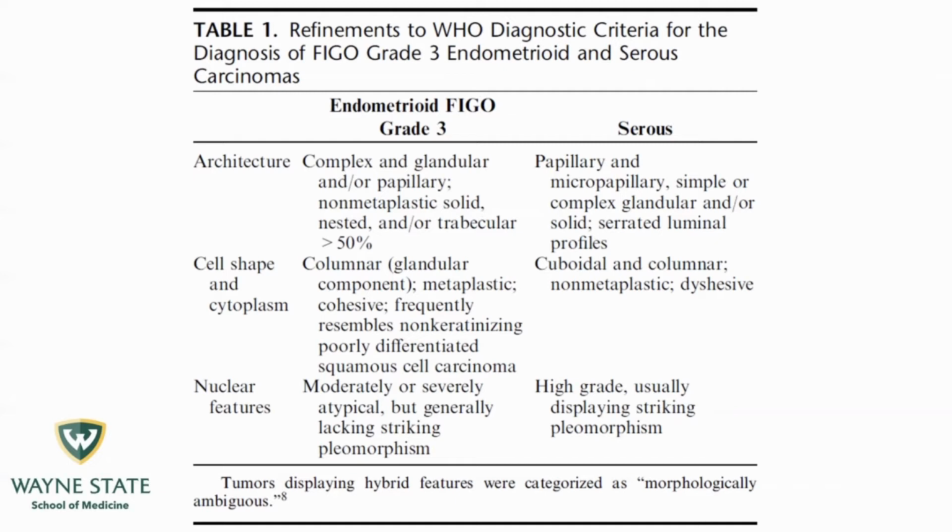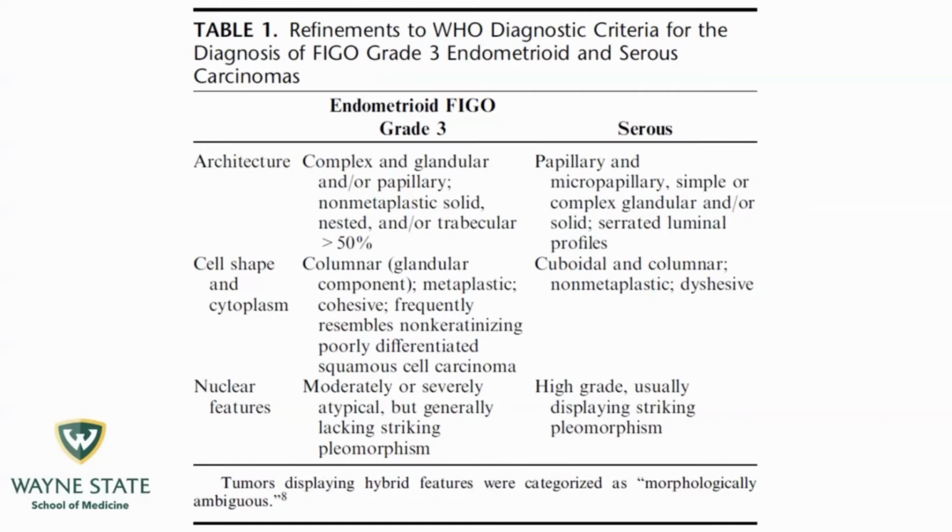The magic word in all of this, I want to emphasize, is that cells in serous carcinoma are discohesive, and they are more cuboidal than columnar. I know it's a soft finding, but believe me, it helped me a lot. The FIGO grade 3 endometrioid cells are more cohesive, they form more sheets, and they are connected together. This is talking about the cell shape and the cytoplasm.